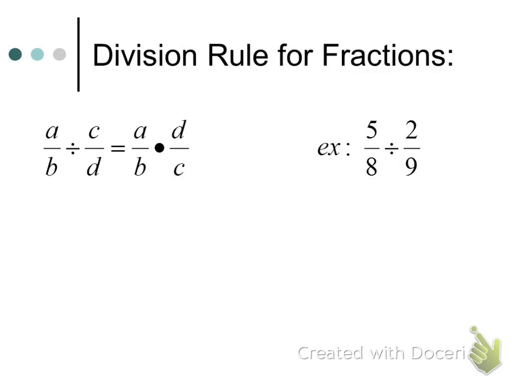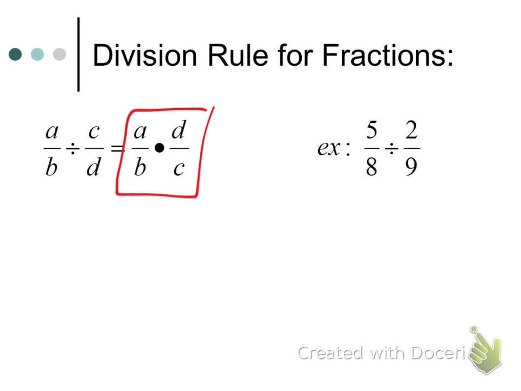We should be filling this part in. In general, we always say we don't divide by a fraction, we multiply by the reciprocal. So that's why they changed it to a multiplication problem, and they used the reciprocal of the second fraction. Notice that the first fraction stayed the same.